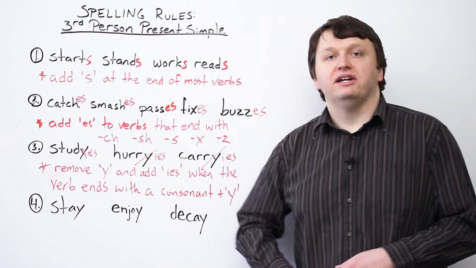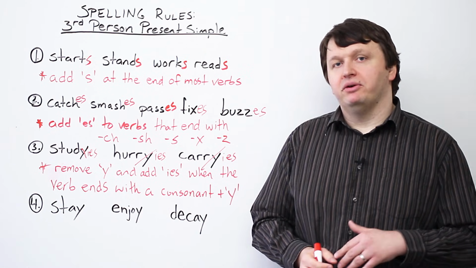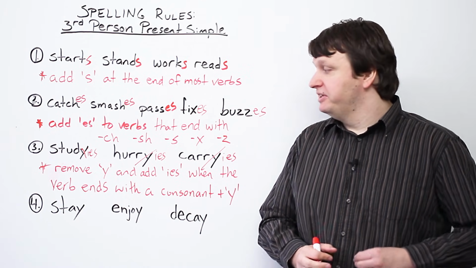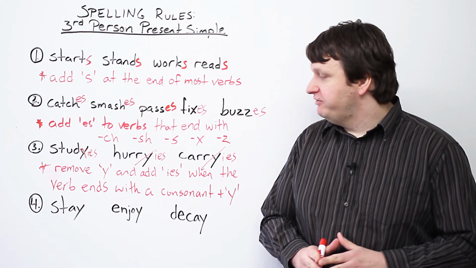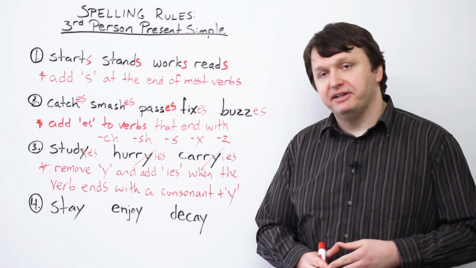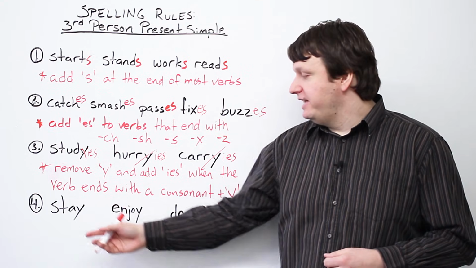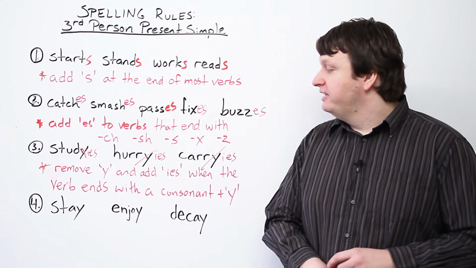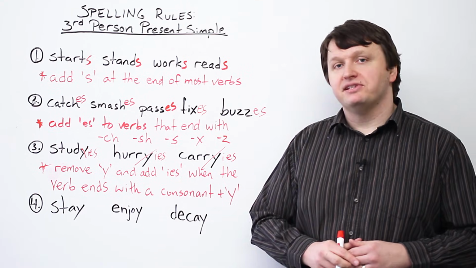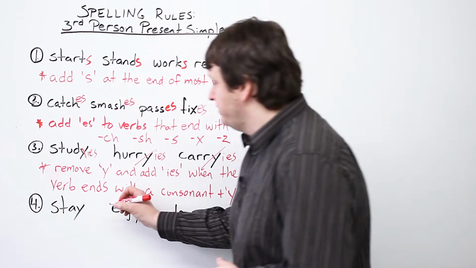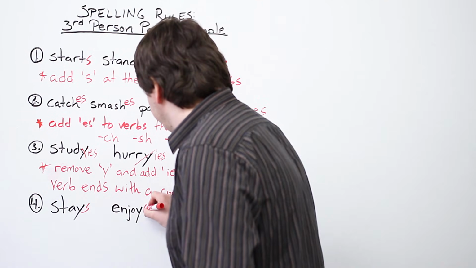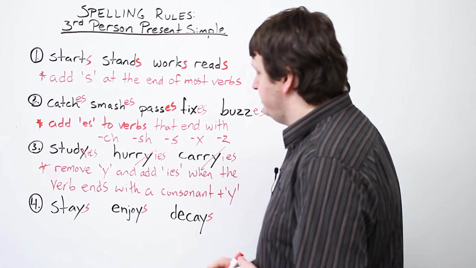Okay, and this should give you an idea about what the rule is for the next one. So here we have 3 verbs that end in Y, but they end in a vowel plus Y. Vowel, A-O-A. So when you have this, simply add S. So we have stays, enjoys, decays.